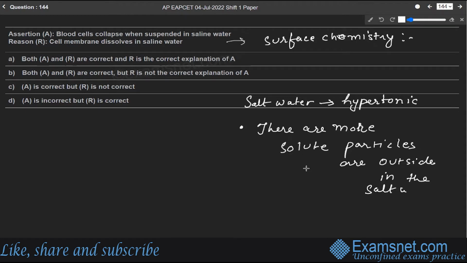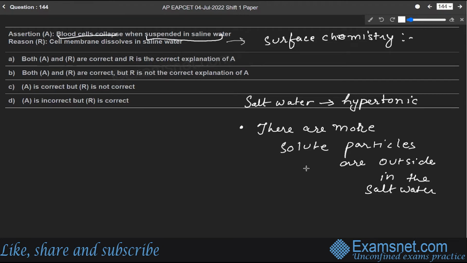Because you see, the cells are suspended in saline water. Saline water means salt water is outside and this blood cell is inside, right? So outside salt water is there, which means more solute particles are present in comparison to inside, or we generally give this question with the cytoplasm, right? So what will happen?